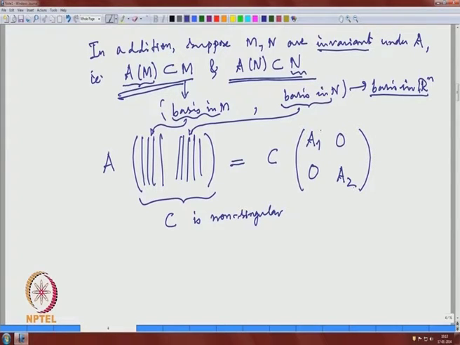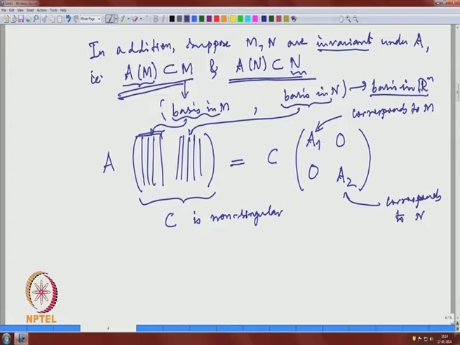So, this submatrix corresponds to M and this corresponds to N. Because if I act A on these basis elements which are in M, the result is again back in M. So, each action is again a linear combination of vectors of these things, and that is expressed like that.